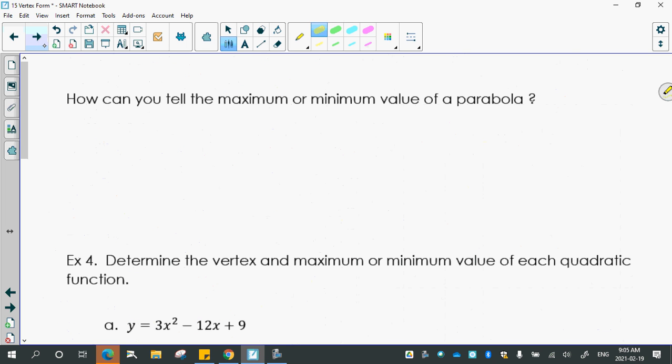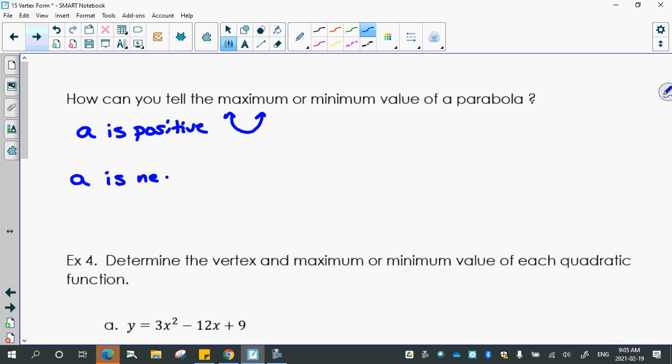Yep. If the a is negative, it goes down. Yes. And if the a is positive, it goes up. Perfect. So a is positive means it looks like this, and a is negative means it looks like this.